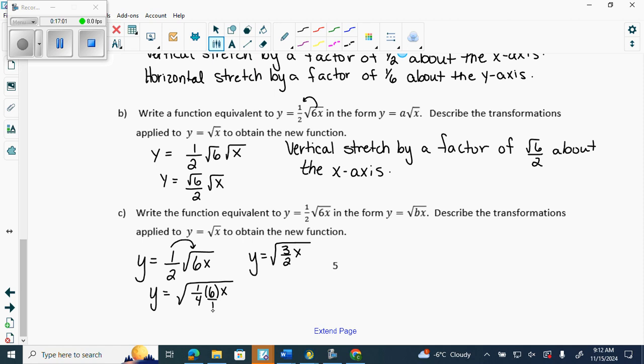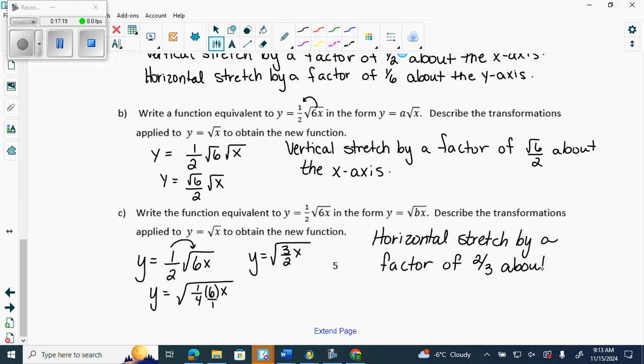So now I have a horizontal stretch by a factor of 2/3 about the y-axis.